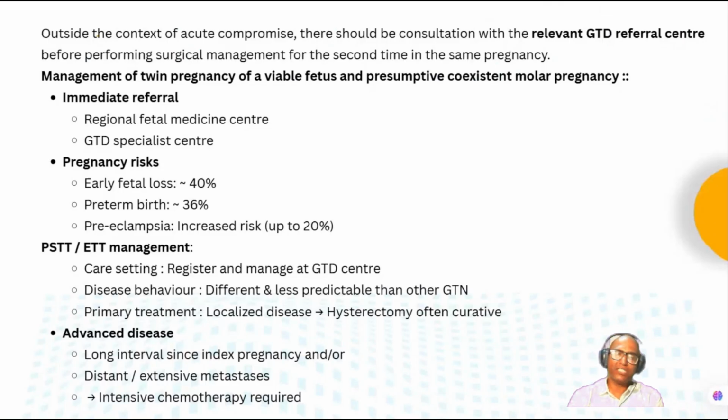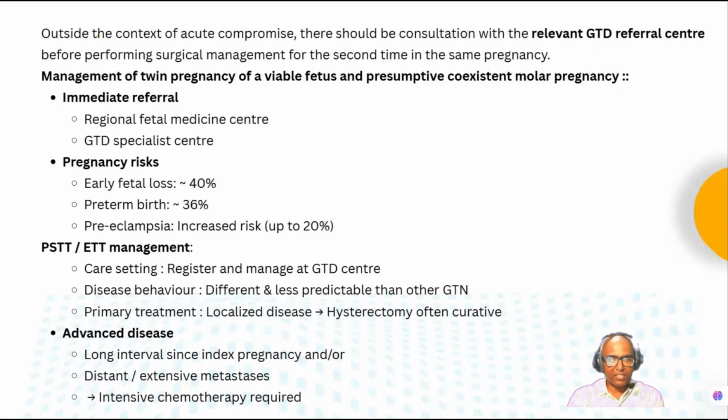Okay. Now coming to PSTT and ETT management. For PSTT and ETT, you have to refer these patients and ask them to register with the GTD center. Disease behavior is different and less predictable than other gestational trophoblastic neoplasia, and primary treatment is hysterectomy. Okay. So if the disease is localized, then go for surgical treatment.